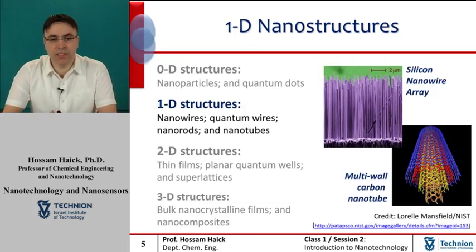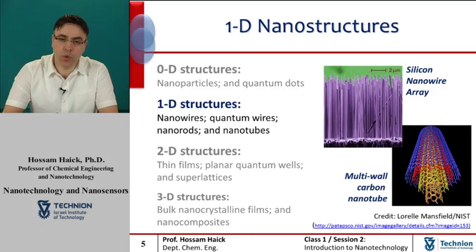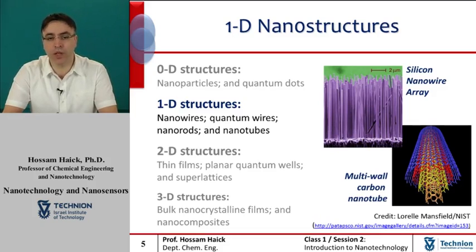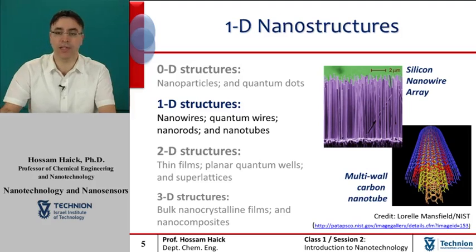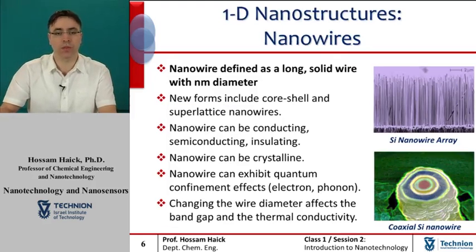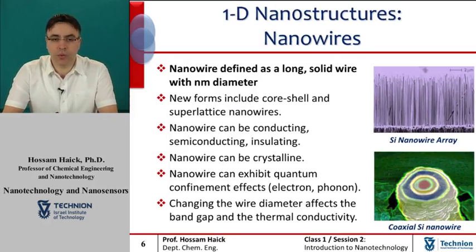Now, from the zero-dimensional nanostructures, we will move to one-dimensional structures, which include, among the rest, nanowires, quantum wires, nanorods, and nanotubes. A nanowire is a nanostructure with a diameter of the order of a nanometer.